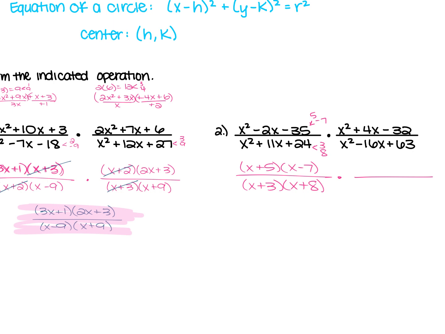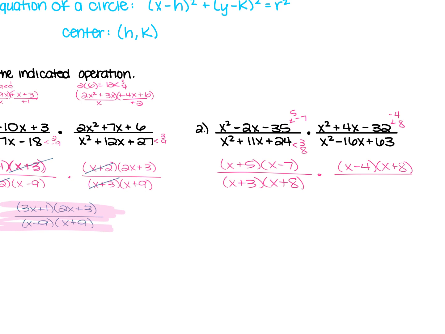Top of the second fraction, your factors of negative 32 that add up to be positive 4 are negative 4 and positive 8. So that's x minus 4 times x plus 8. Bottom of the second fraction, your factors of 63 that add up to be negative 16 are negative 7 and negative 9. So that's x minus 7 times x minus 9.